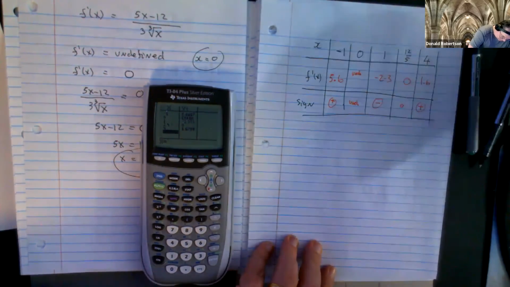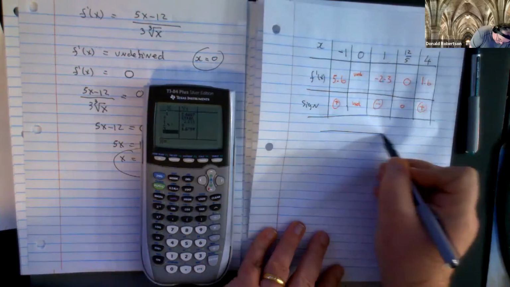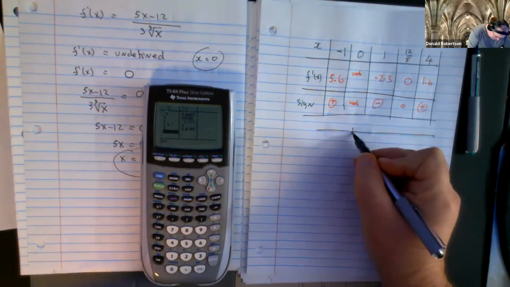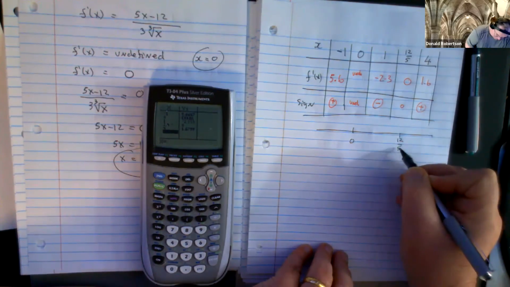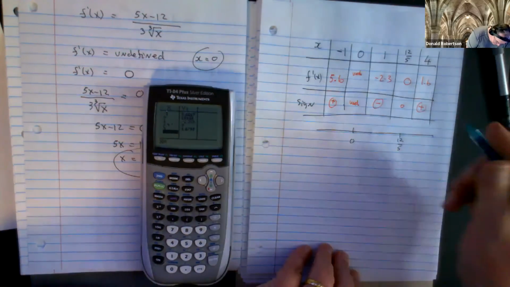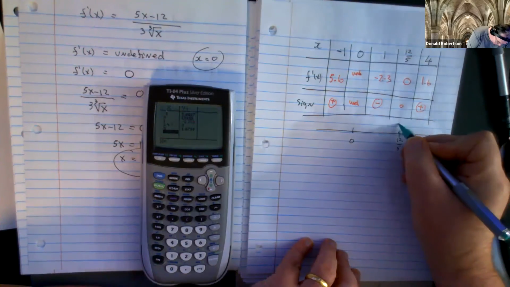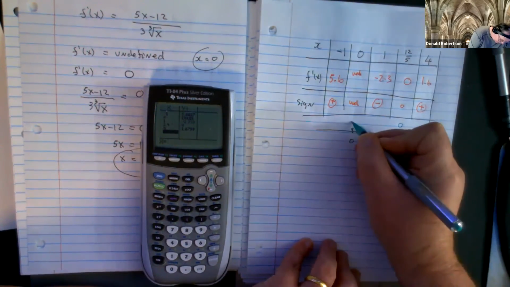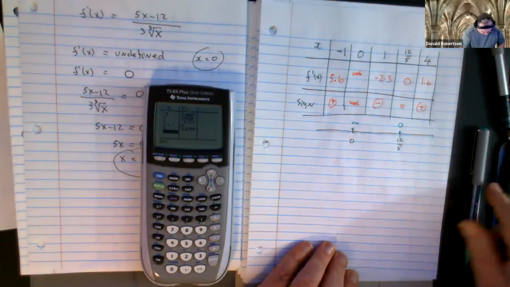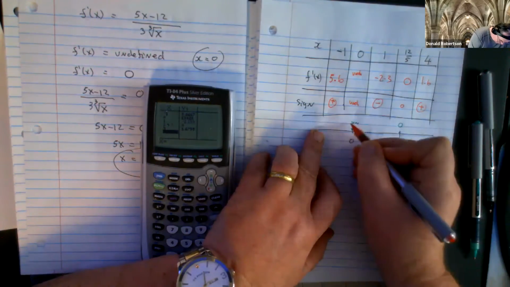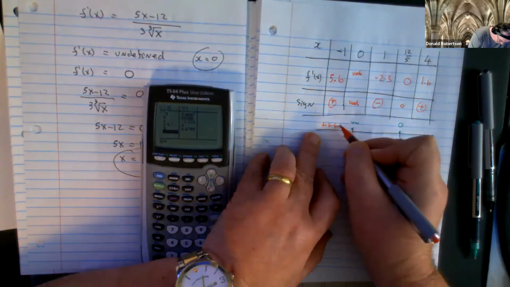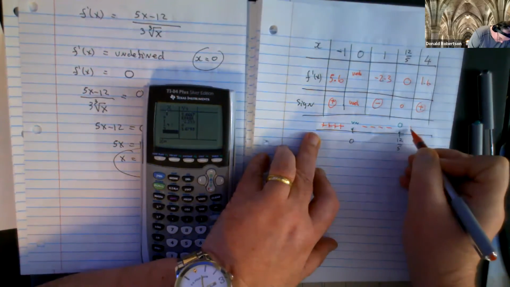And then I'll draw my little line, and I'm going to put here at 0 and here at 12/5. On this guy, it's 0. And here it's undefined. And what do I have? Here is positives. In the middle, it's negatives. And here is positives.